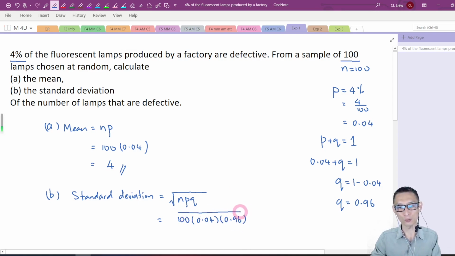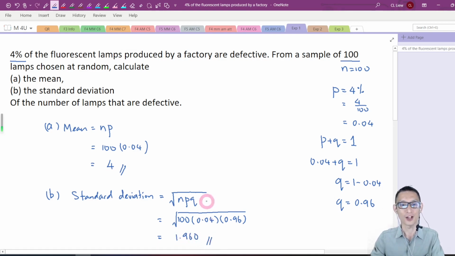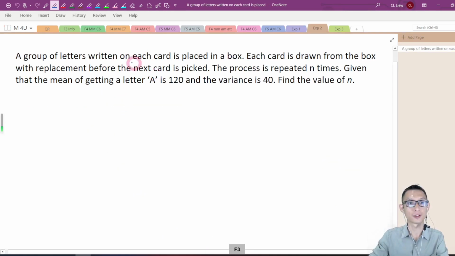Don't forget to put the square root sign. Then just press your calculator and you will be able to get the answer. I'm going to correct it to 4 significant figures, so it will be 1.960. This is the standard deviation and the mean for this question.